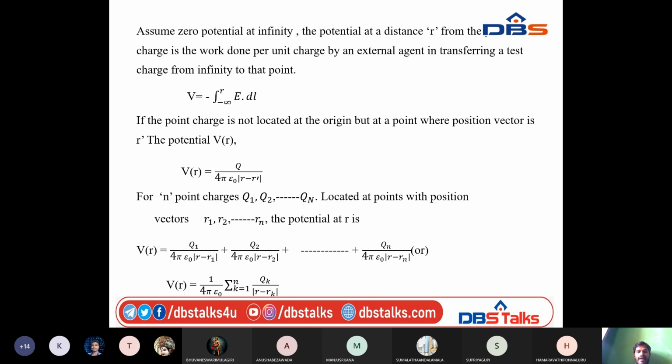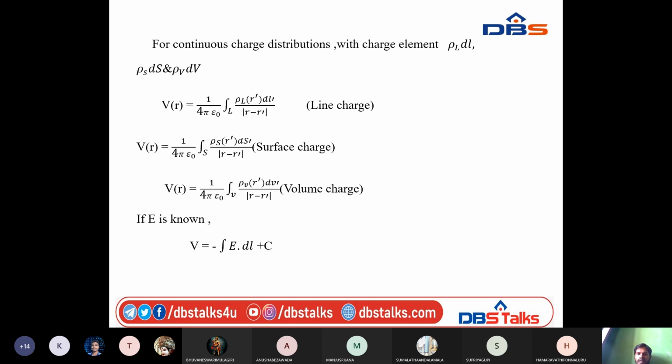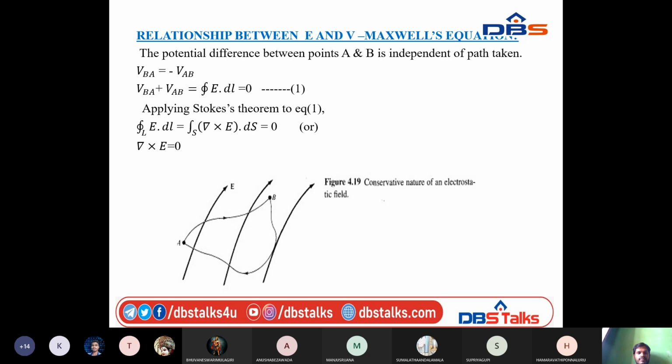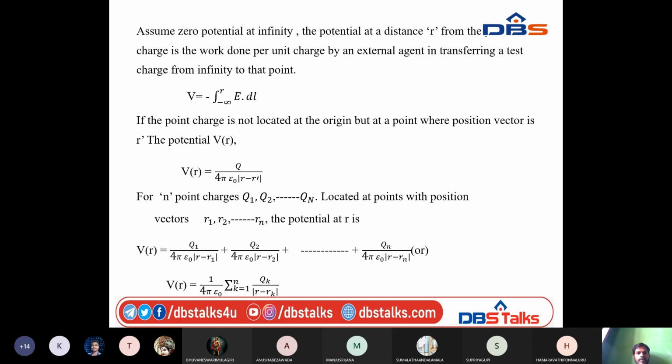This can be summarized as V(r) equals 1 by 4 pi epsilon naught times the summation from k equal to 1 to n of Qk divided by |r minus rk|. So this is the electric potential formula for n number of charges, right?